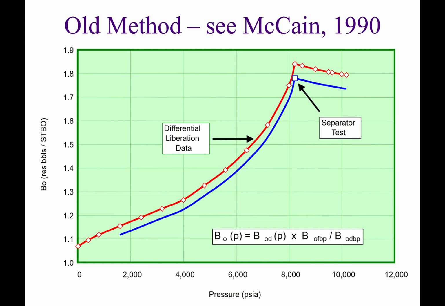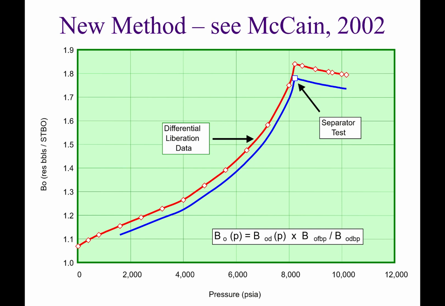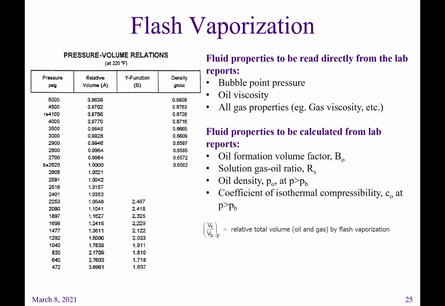They basically show you oil formation volume factor, gas-oil ratio, again oil formation volume factor, and gas-oil ratio using two different methods. But I'm going to walk through the calculations in these next couple of slides.